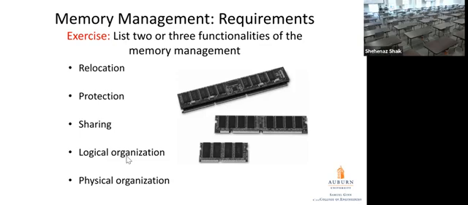So we have that kind of difference between the logical address space and physical address space for a given process. But just take a moment and think about why we need to keep track of these two different address spaces, the logical address space as well as the physical address space. Which of them is important to us here?